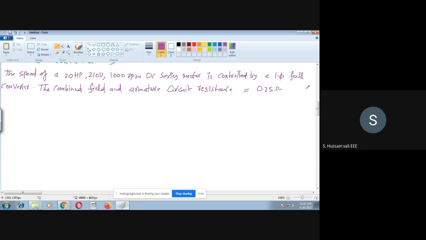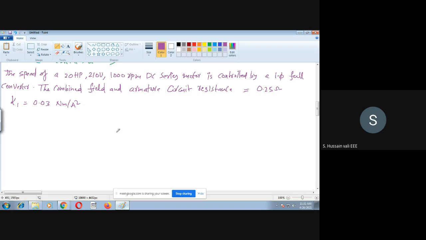K1 value he has given as 0.03 Newton meter per ampere square.